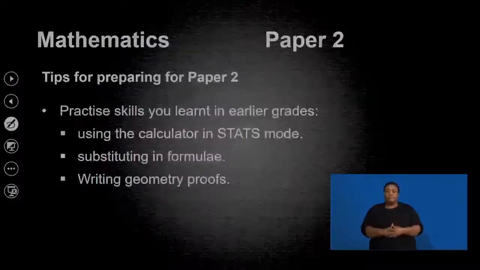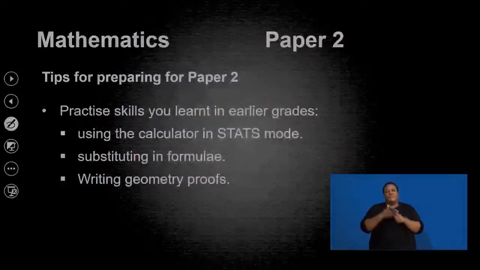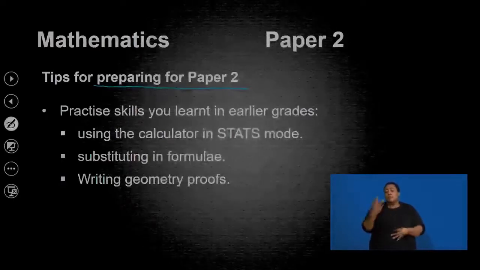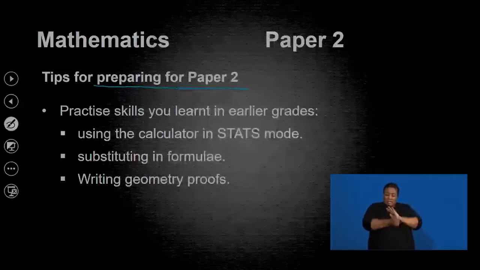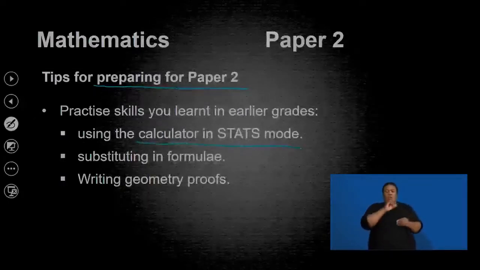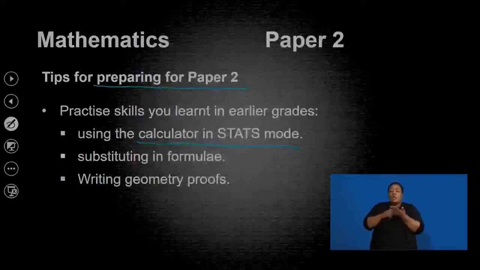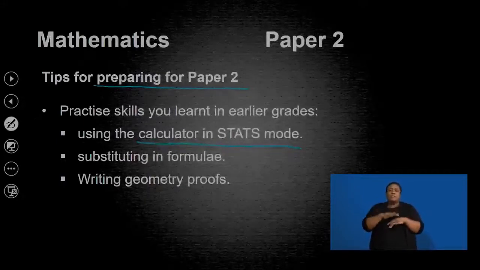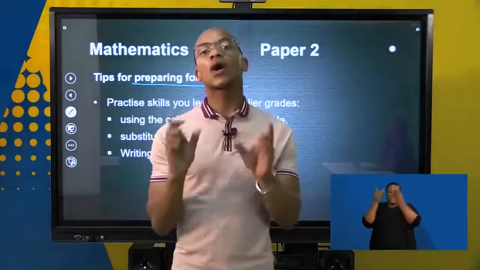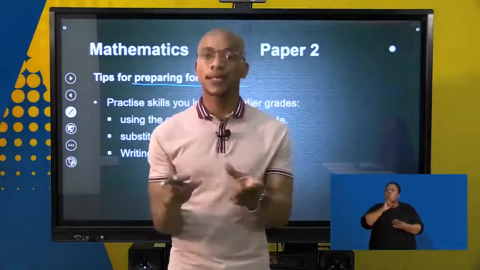So the very first tip is, when you're preparing for your paper 2, practice the skills that you learned in earlier grades. What do I mean? Using a calculator in stats mode. I think I spoke about this when we were talking about statistics and the least squares regression line. You need to know how to use your calculator in stats mode.